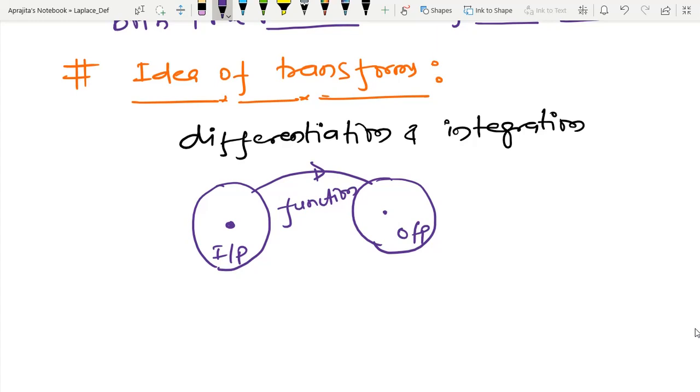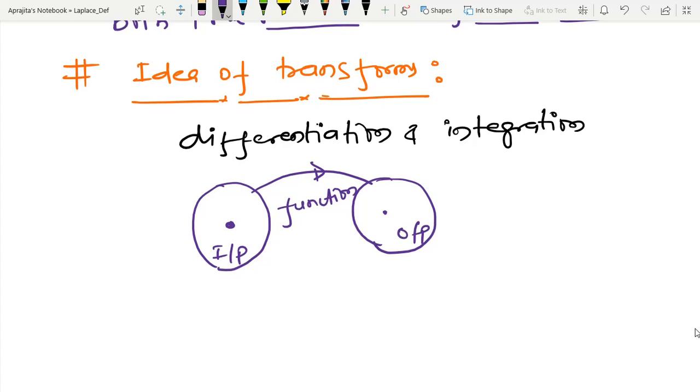So these kind of operations, that is called differentiation or integration, that is nothing but some kind of linear function between input and output.